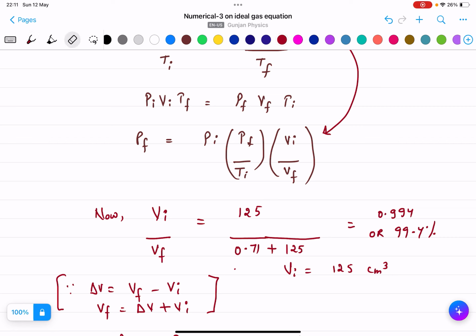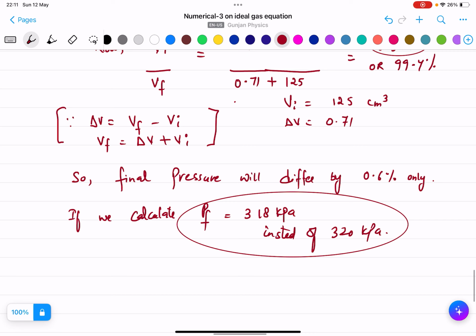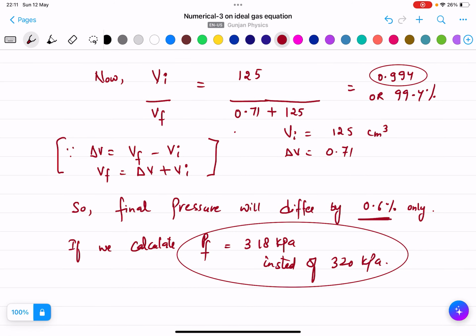So I will place this value in this equation. Vf equals delta V plus Vi, where Vi is 125 and delta V we have already calculated as 0.71. So we will just place the values and we will get the answer 0.994, or I can say 99.4%. So the final pressure will differ by 0.6%, because 100 minus 99.4 is 0.6%.